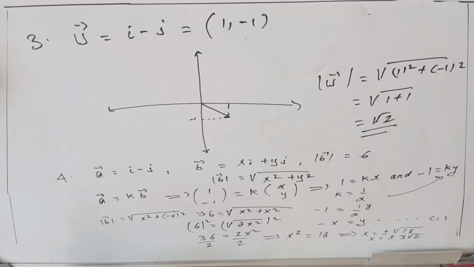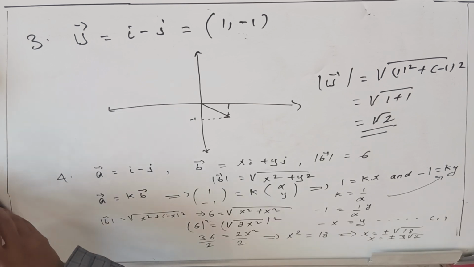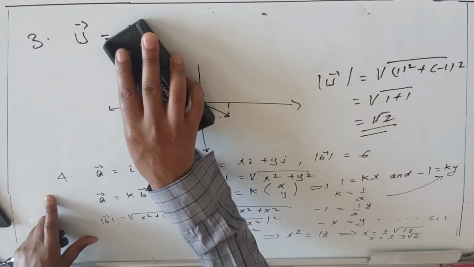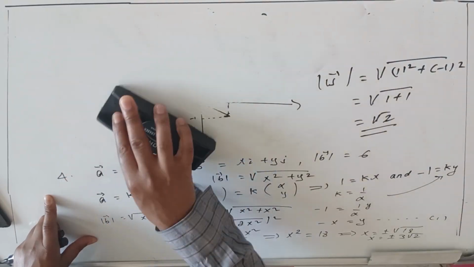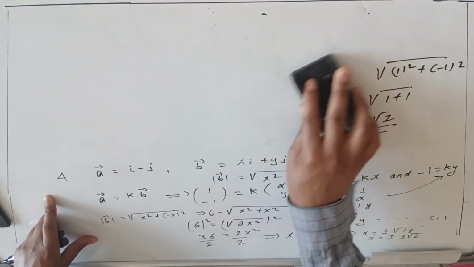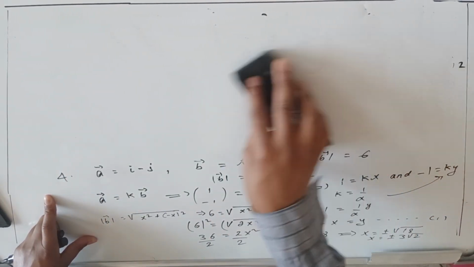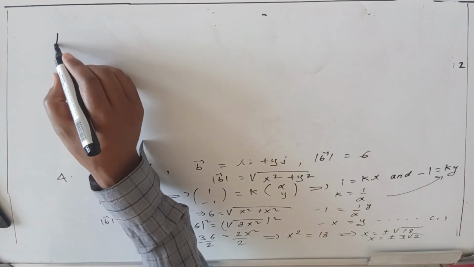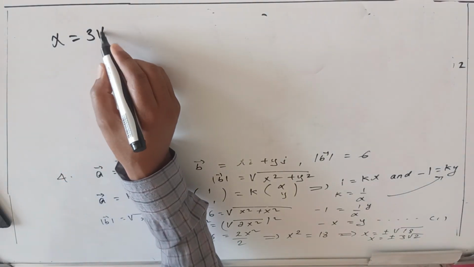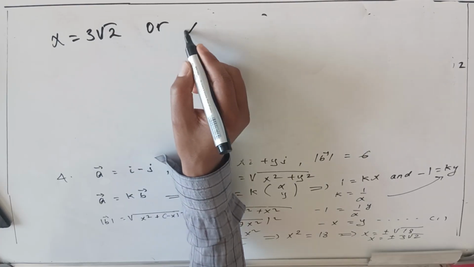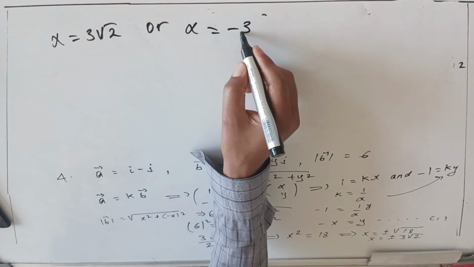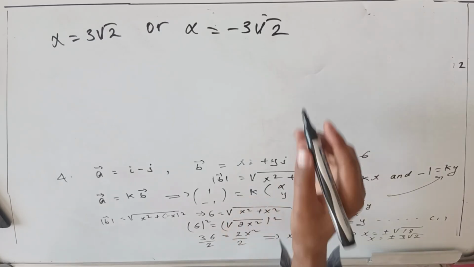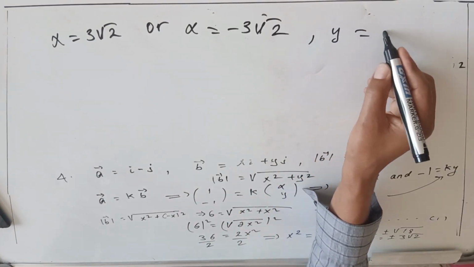Now we have two options, that is x is equal to 3 radical 2 or x is equal to minus 3 radical 2. And from this one, we said that the y value is minus x.